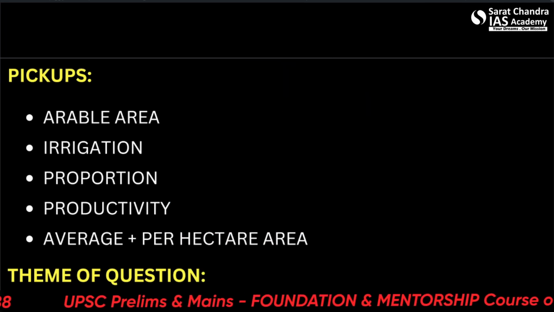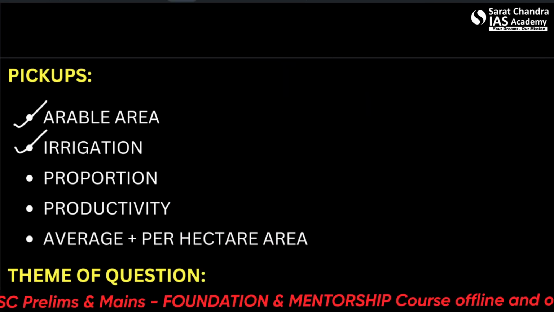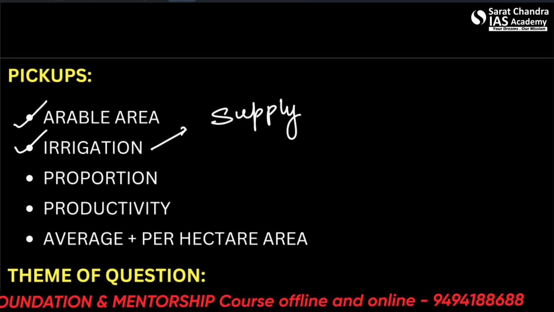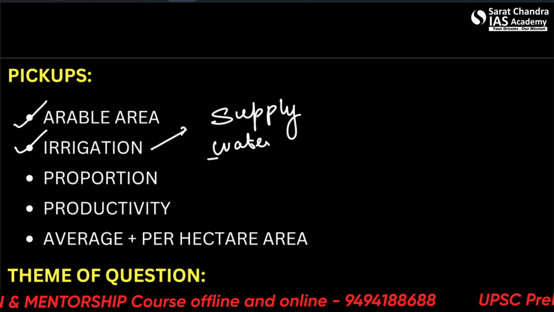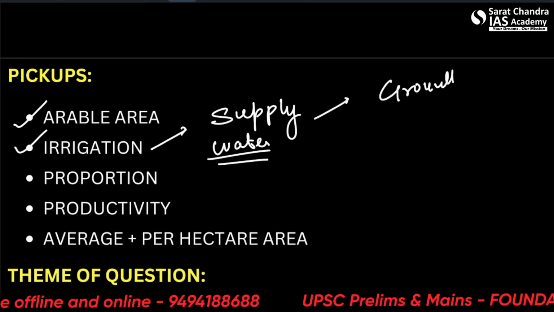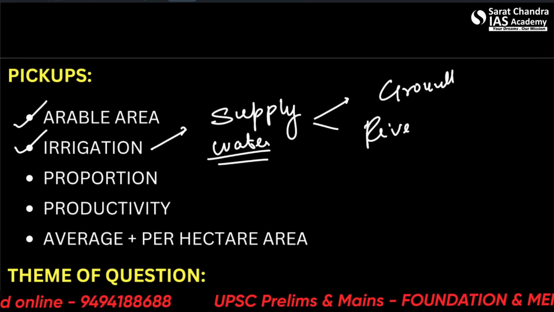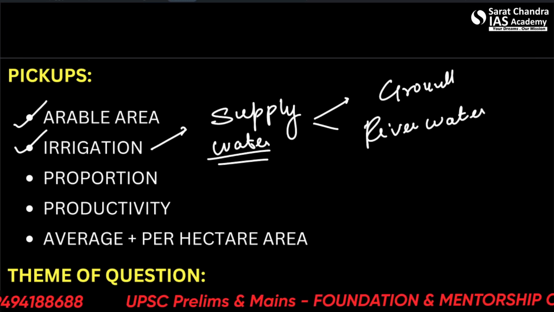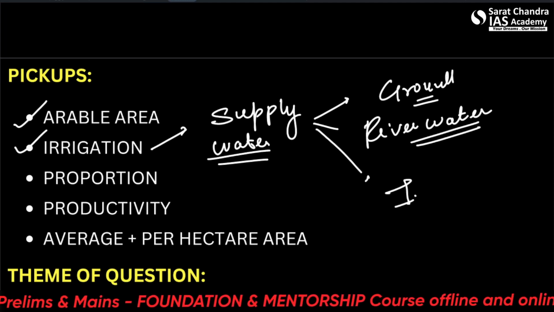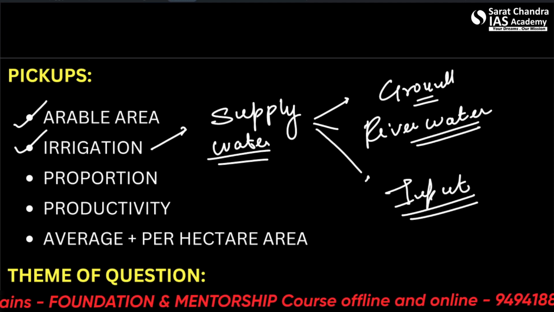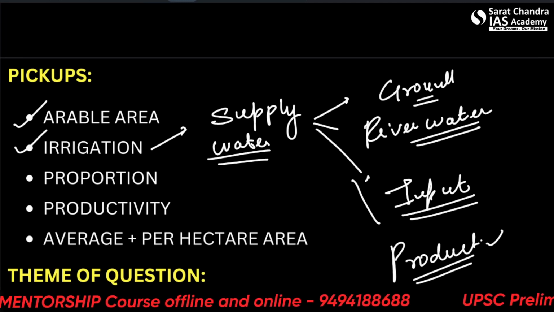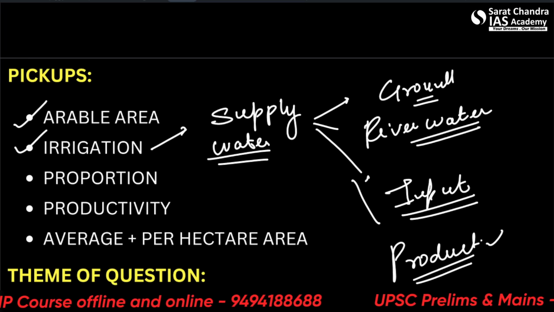Second thing is irrigation. Irrigation means supply of water through any resources, whether it is groundwater, running water, river water, etc., in order to facilitate the input and productivity, or support the crop growth through extra water.